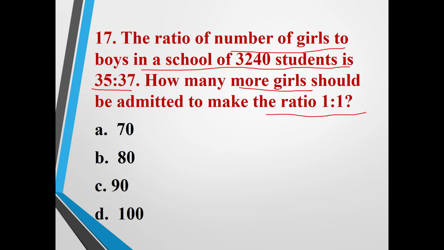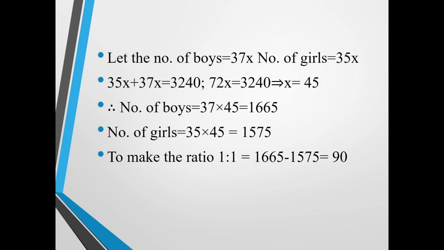So here the total number of students is 3240. So let the number of boys be 37x and number of girls be 35x. So total number of students, that is 35x plus 37x, is 3240.